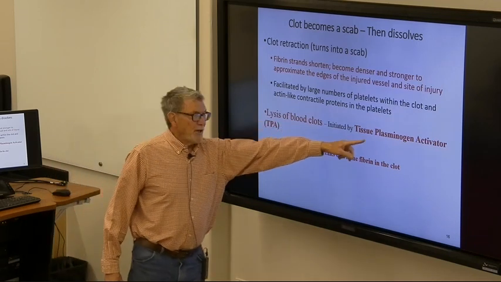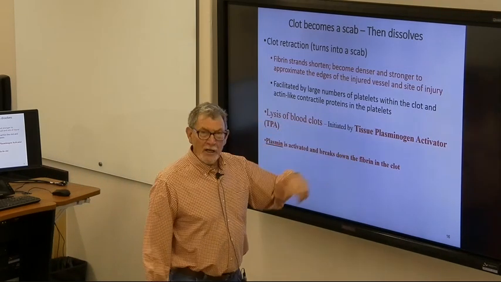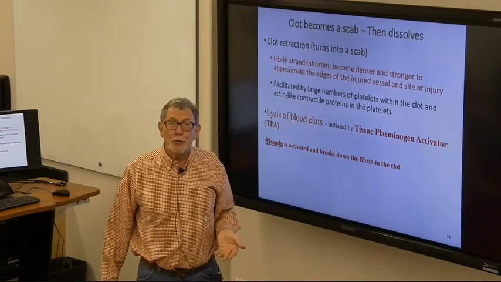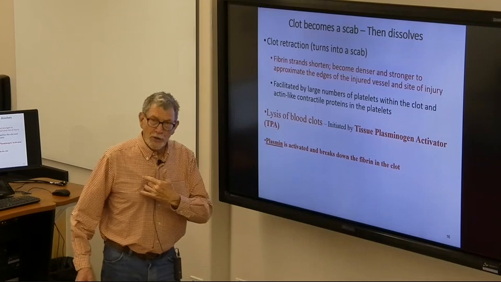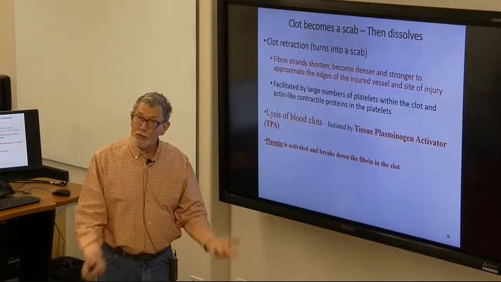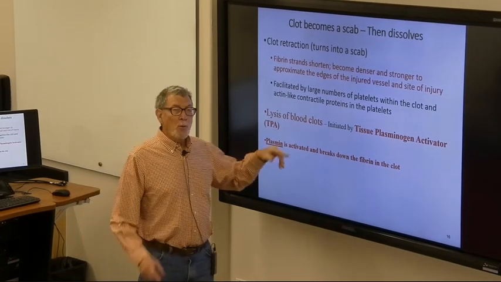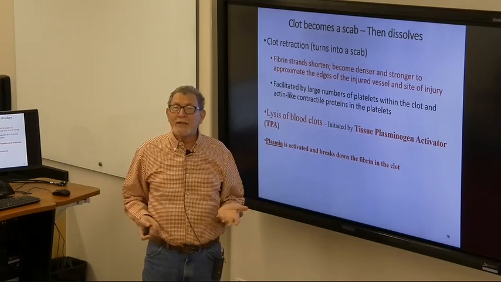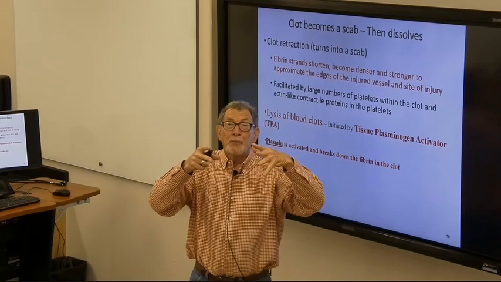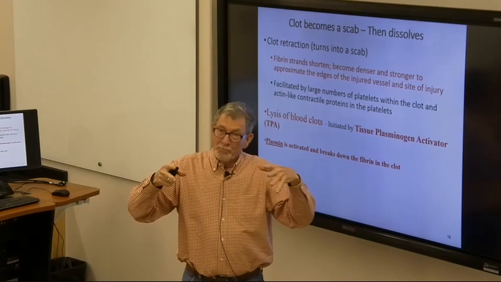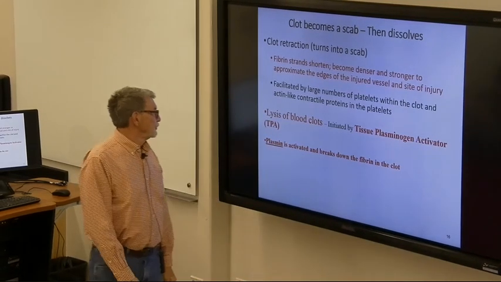And then TPA. Now you may have heard of TPA. This is what we give people who've had a stroke to break the blood clot. Or if they have a pulmonary embolism, you shoot TPA in there, it dissolves the clot. The moment we start making a clot, we start breaking it down. We start producing TPA to keep it from spreading and blocking off the blood vessel.